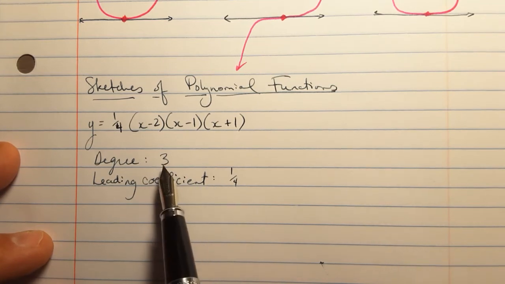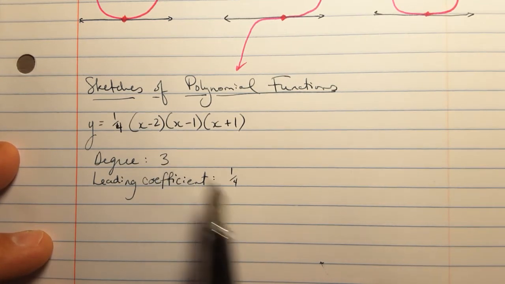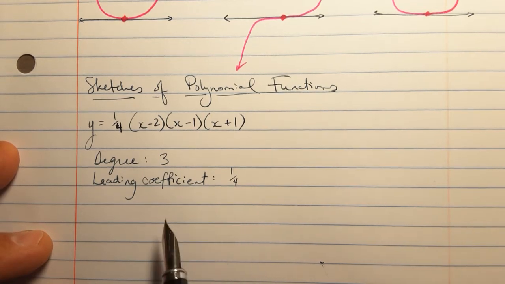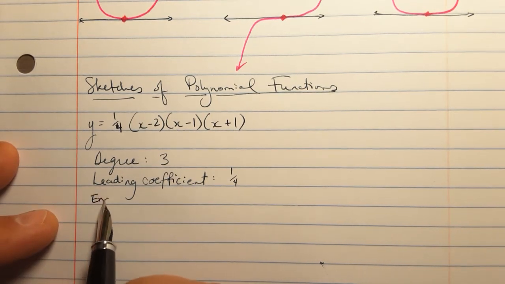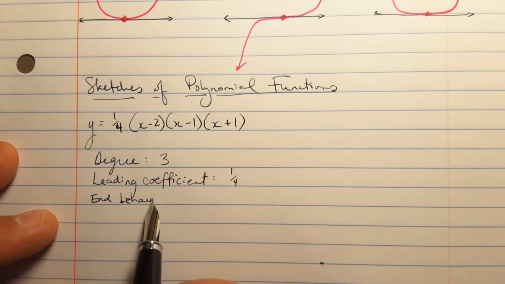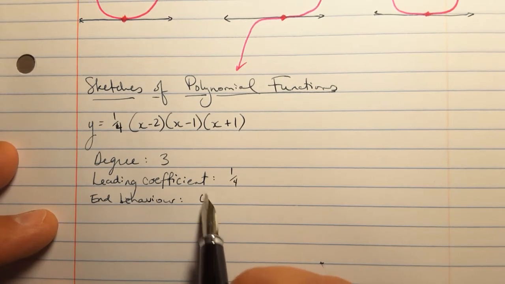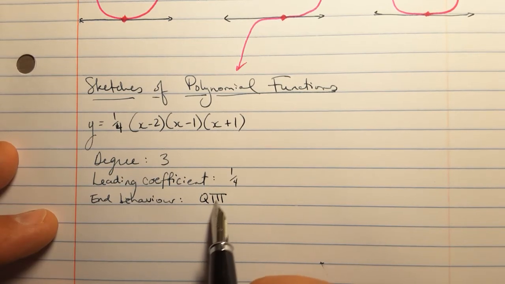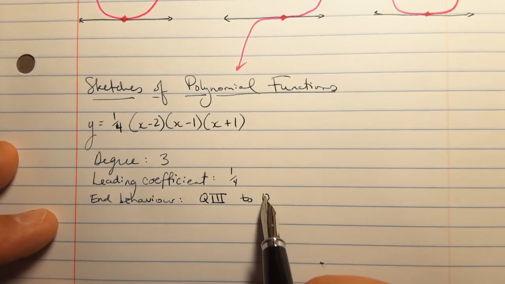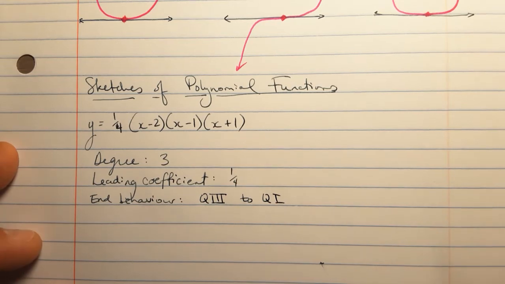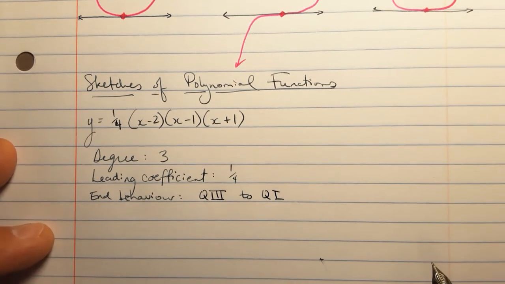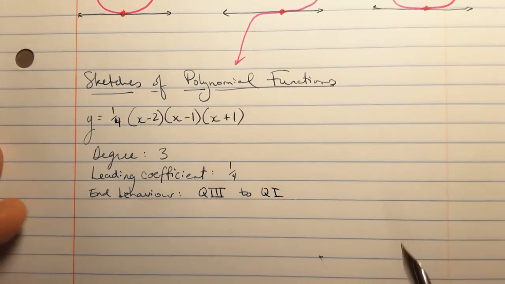Okay, so this is an odd degree function that opens in the usual way. Maybe I'll just list the end behavior here. The end behavior, it kind of starts in quadrant 3 in the bottom left, and it goes up to quadrant 1 in the top right. That's the end behavior. Now we have to see what happens in the middle.